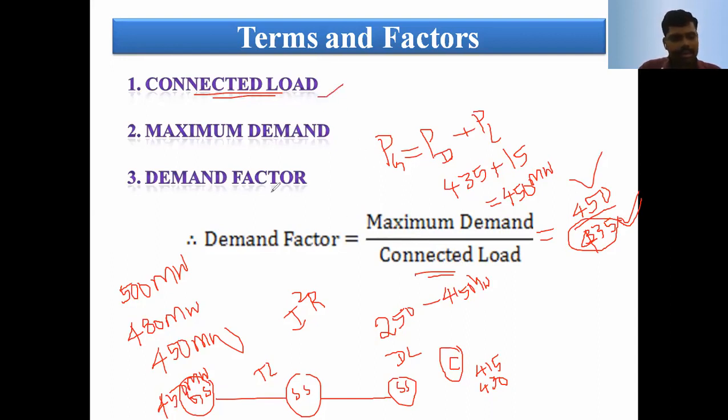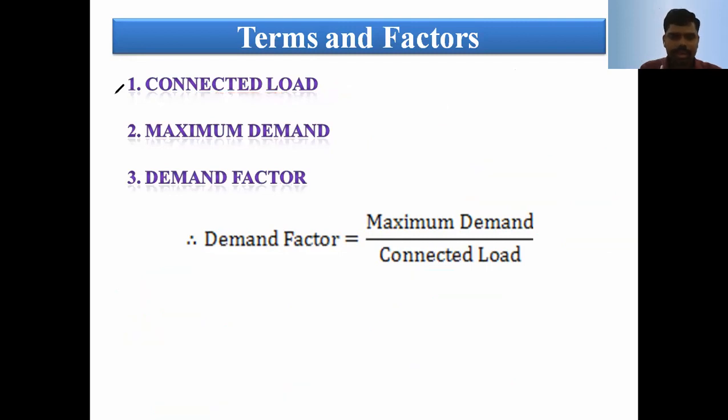Here the demand factor is always less than unity. The maximum demand is less compared to the connected load, so the demand factor is always less than unity. Connected load means the sum of all the appliances we are using.